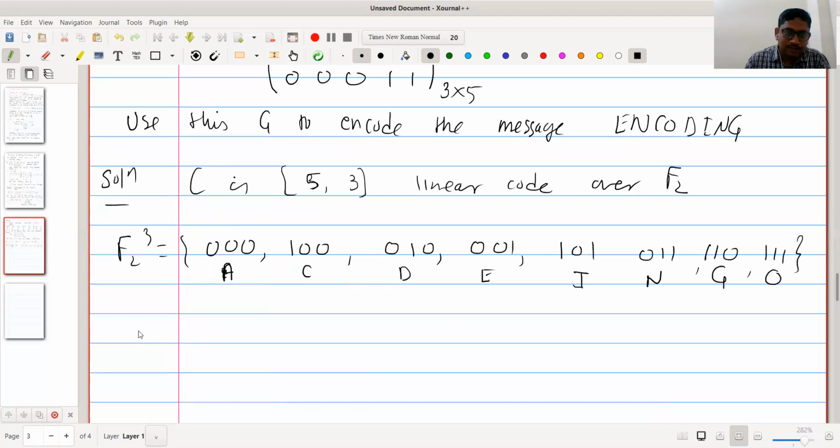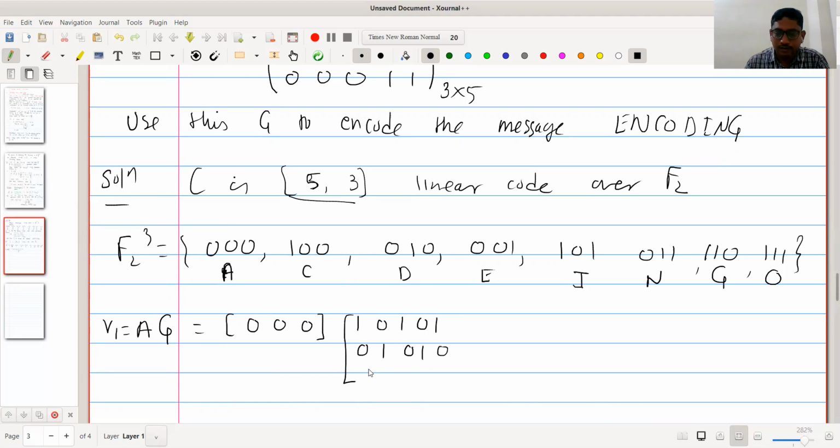So the encoding of A in C, this is the linear code C. It is your first word. I will call it V1. V1 equals AG. What is A? And write the generator matrix. 0 times something will always be 0.